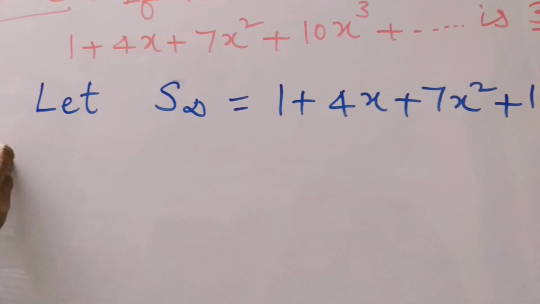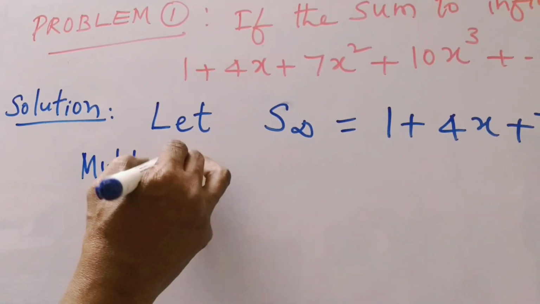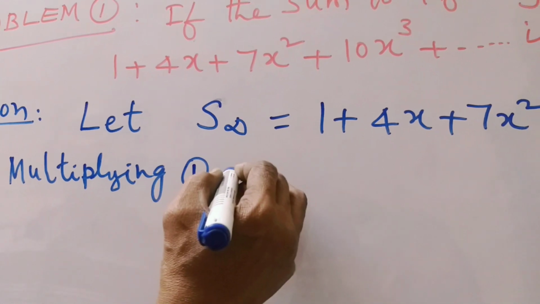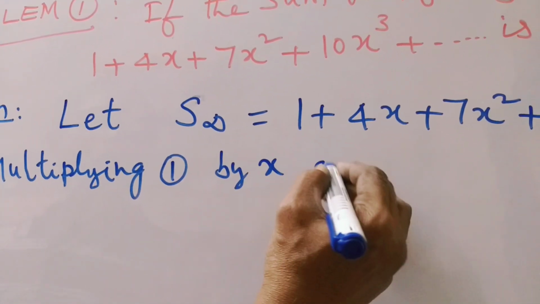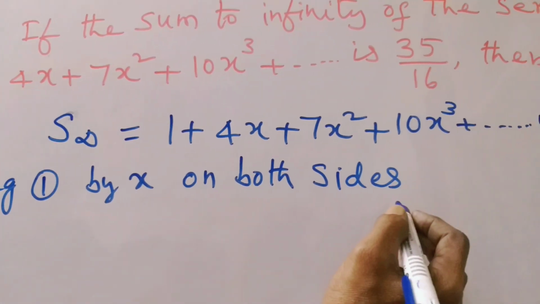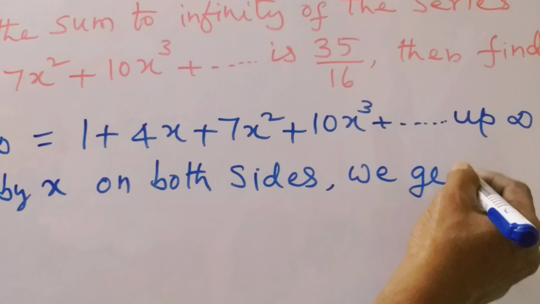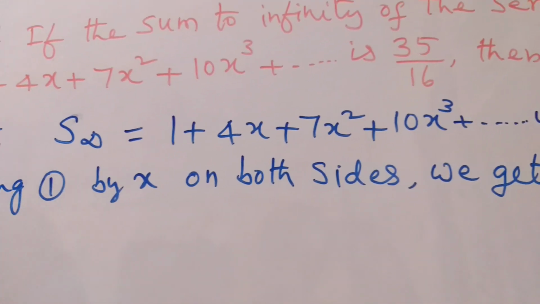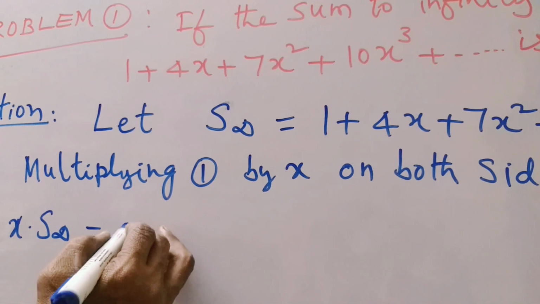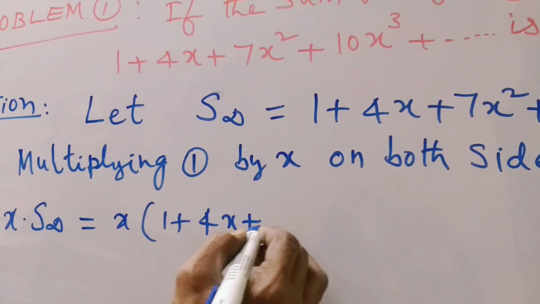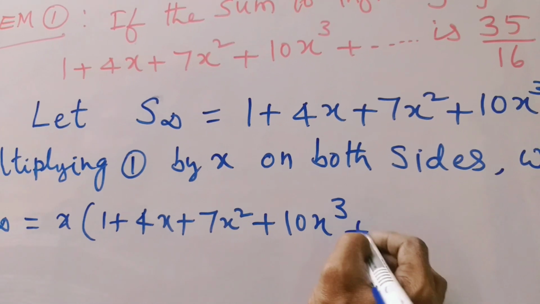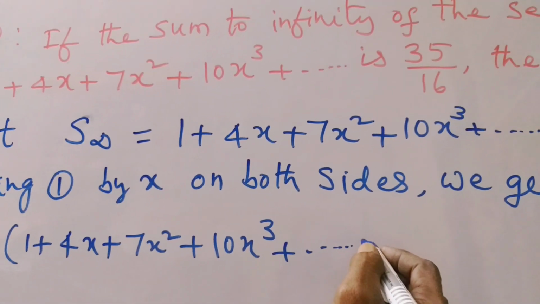Now multiplying by x on both sides, we get x into S infinity is equal to x of 1 plus 4x plus 7x square plus 10x cube plus and so on up to infinity.